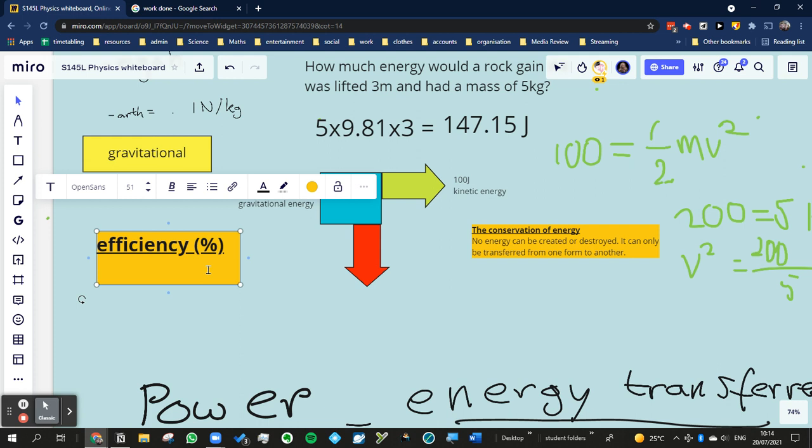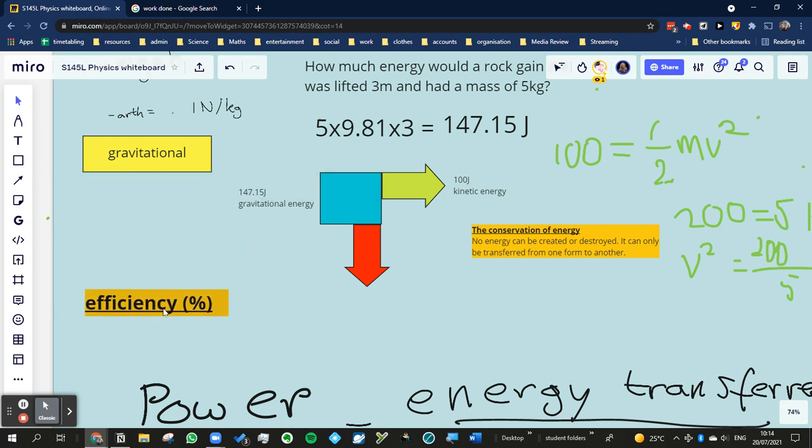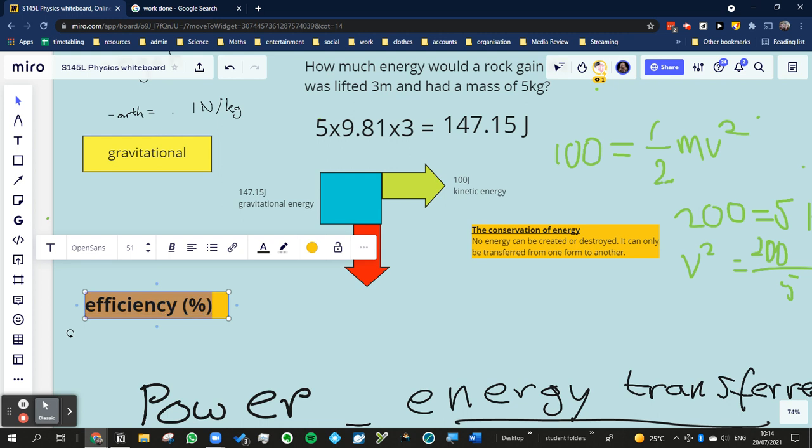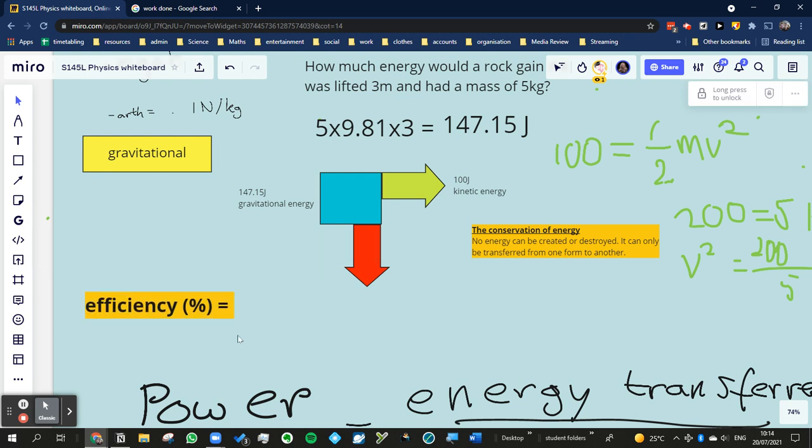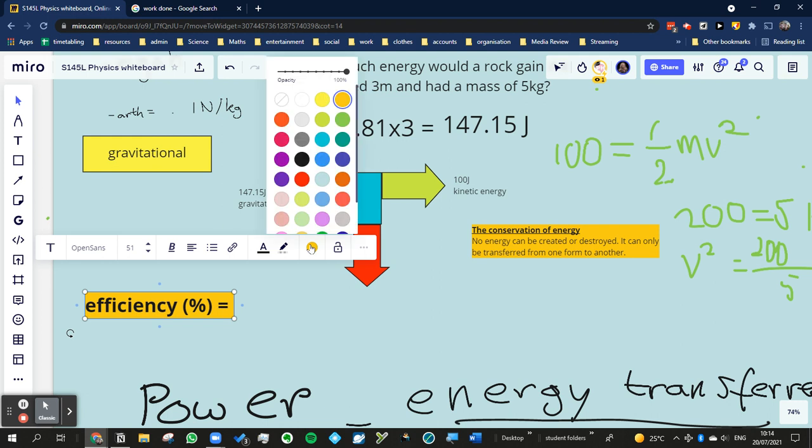So how would you work this out? I think what I might do is do it like this. I'll turn off that and I'll say equals, and actually I'm going to turn off the background.